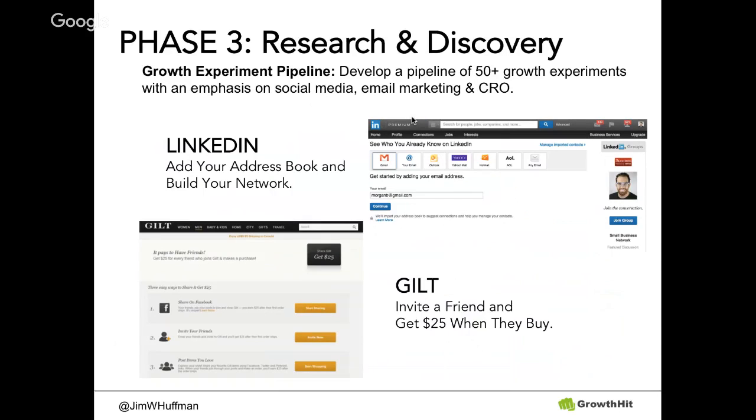And speaking of engineering as marketing, here are 2 quick examples of how you can leverage your developers to create tools that actually allow for more growth with your company. So LinkedIn in the early days, they knew that the power of their website was in your network.